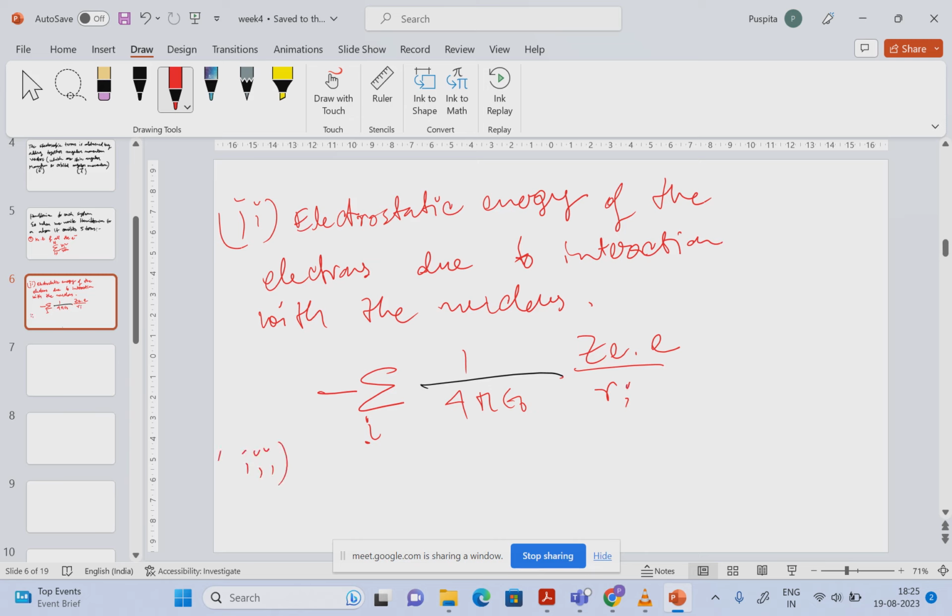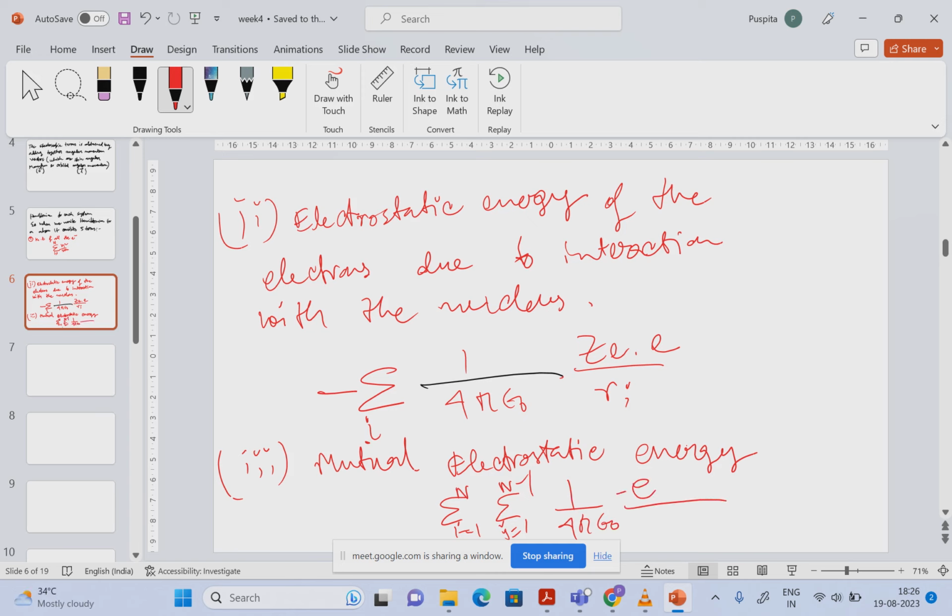The third term is mutual electrostatic energy, which is the sum over i from 1 to n, j from 1 to n minus 1, of 1 by 4 pi epsilon naught E minus E into minus E by r_ij.